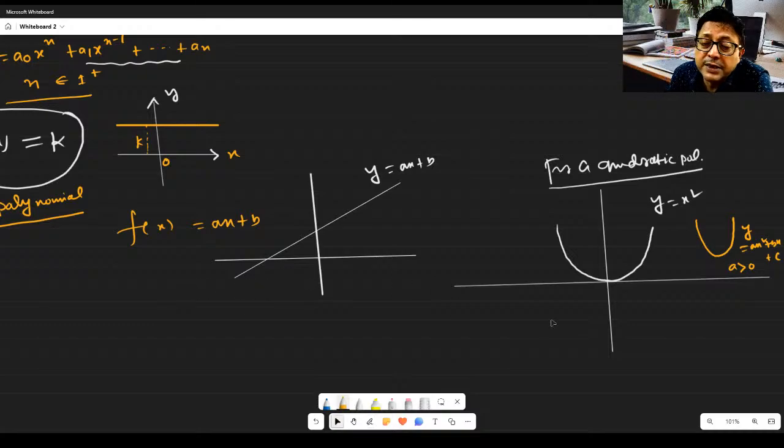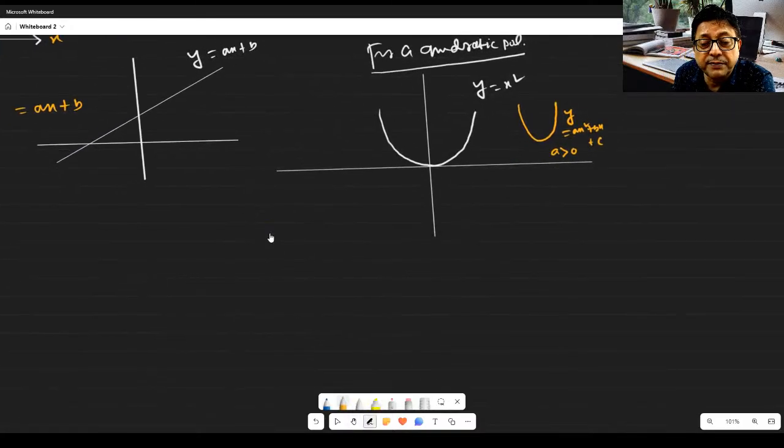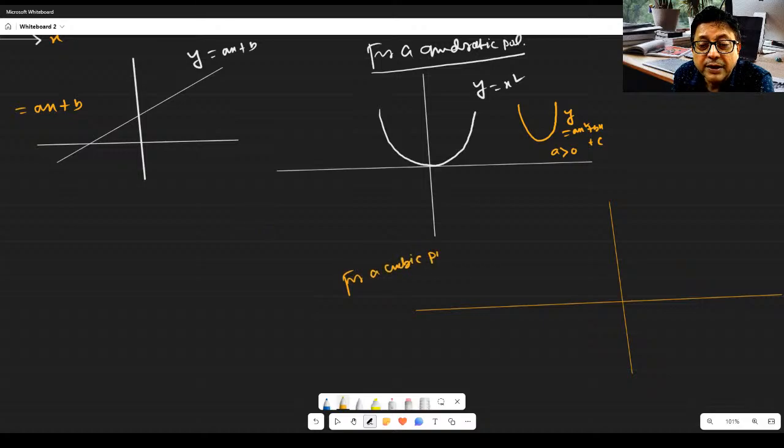It is continuous everywhere. What about cubic polynomial? Graph of cubic polynomial also continuous everywhere. If we go for a cubic polynomial, the standard one I am taking, the graph y equal to x cube, we are plotting, you can draw anywhere.